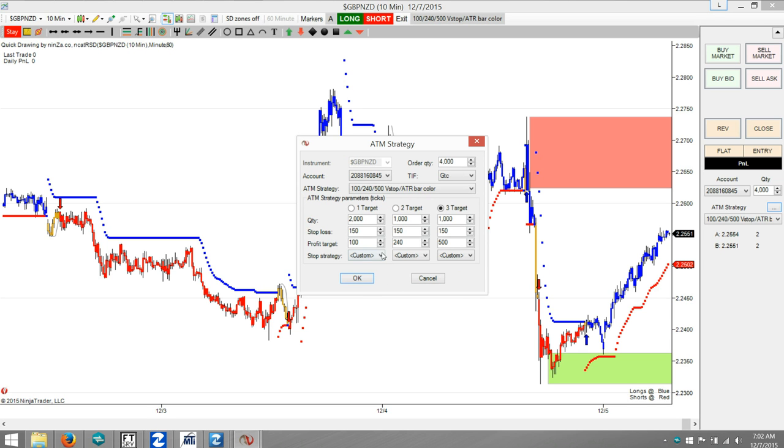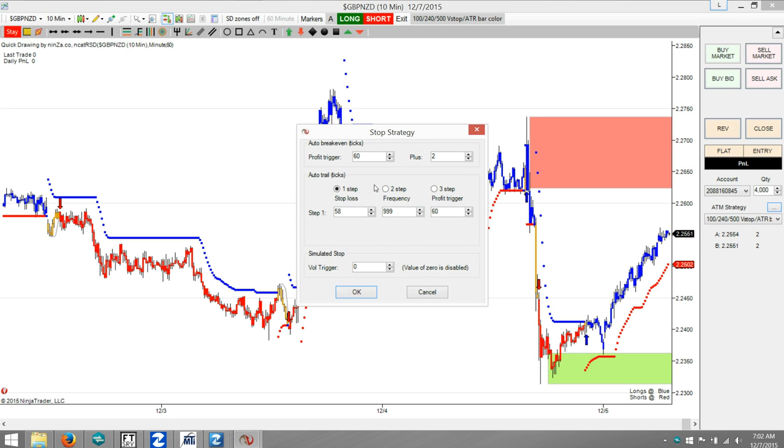And then it's the same for these other 2 positions that are left on. We'll go to custom again, and the parameters are the same. It's going to move that second position stop once it hits that 60 pip target. They're all going to be the same, and it goes for the 500 pip target as well. 2 pips positive, profit trigger 60, frequency 9.99, and until it hits that 240 pip target, it closes out.